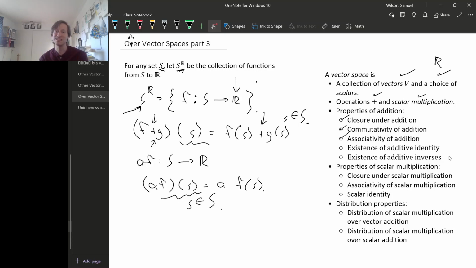What about the existence of an additive identity? Well, we would need a function that I guess we would call the zero function, and you can probably guess how to define it. If you evaluate the zero function at any element little s in big S, what should that be? Well, probably 0, right?